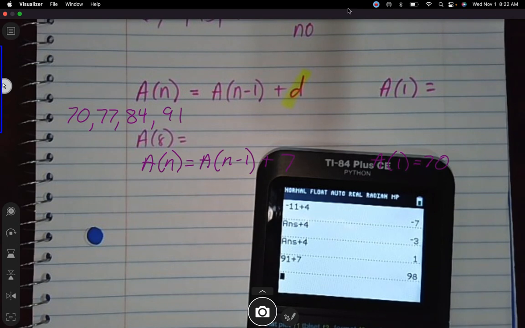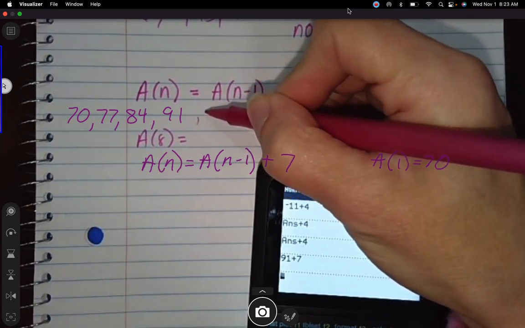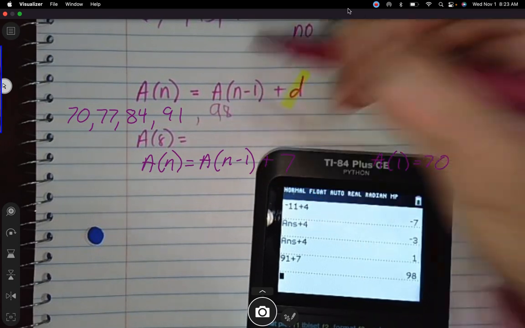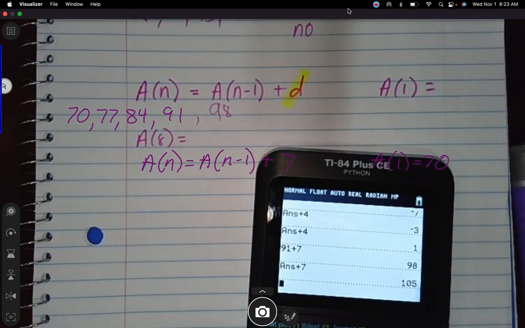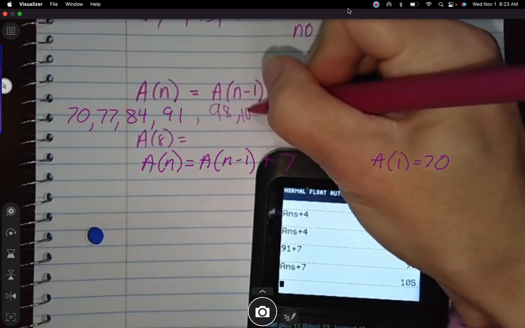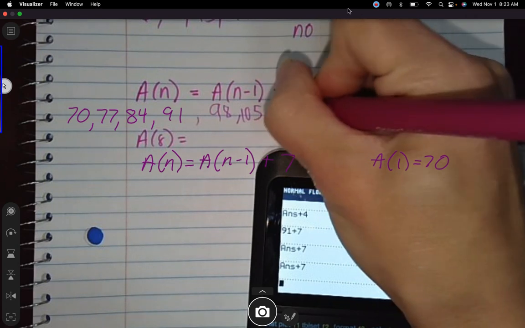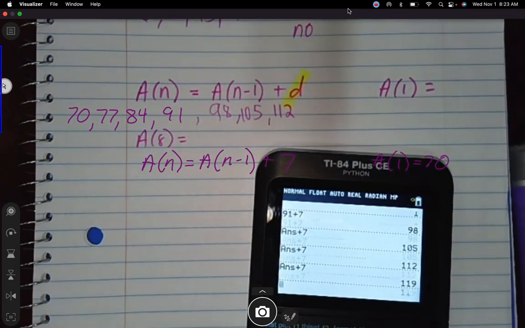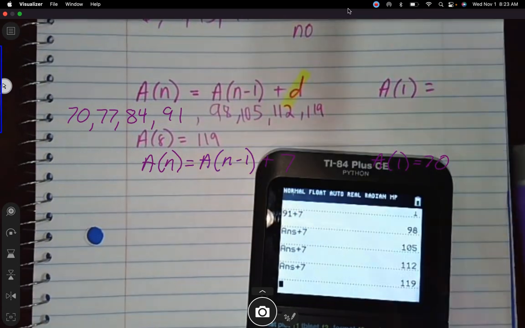What do I get next? 98. Okay, now I can then plus 7 again, and that's 105. Plus 7 again. 112. And don't I have one more to go? Plus 7 again, and so my answer is 119. So it might ask something like that.